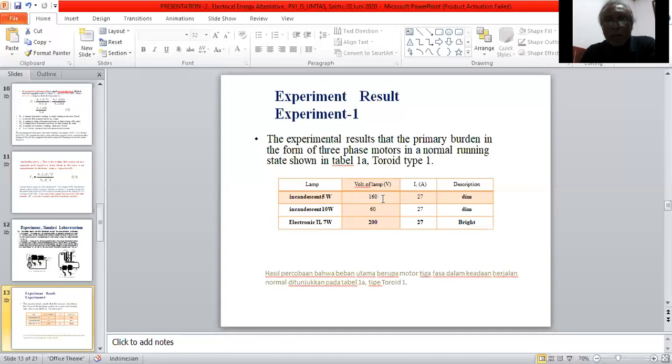The voltage occurred in the lamp is 200 volts. Description: lamp is bright. And all the lamps take a current in the power line of 27 amperes.